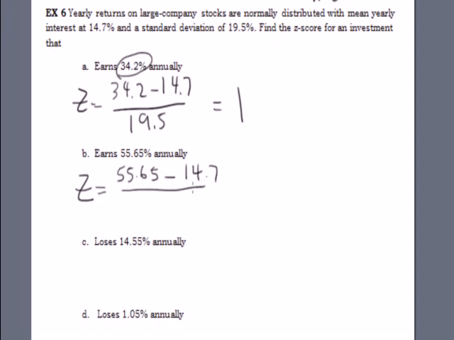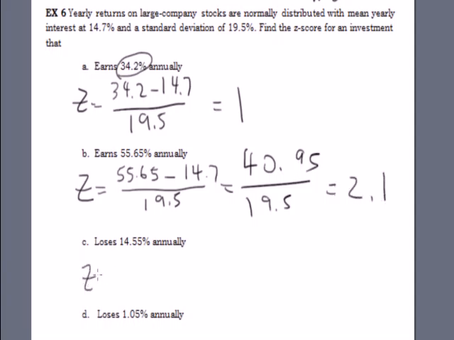We're going to divide that by 19.5. Working that out in the numerator with my handy dandy little calculator, 55.65 minus 14.7 gives me 40.95 divided by 19.5 should be 2.1.